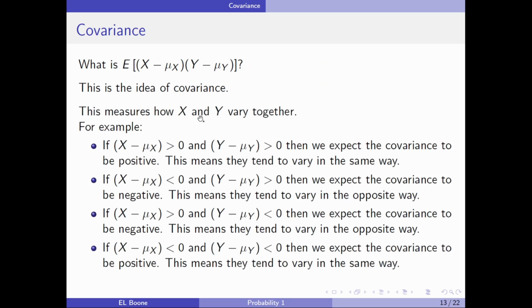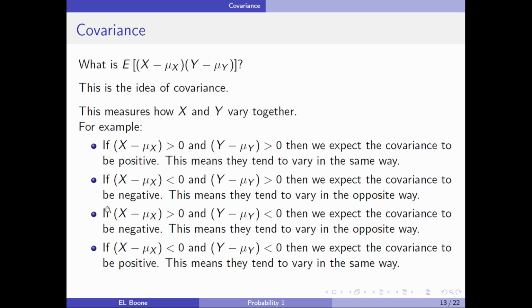It measures how x and y vary together. For example, if we expect x to be greater than its mean and y to be greater than its mean simultaneously, then we would expect the covariance to be positive because a positive times a positive is positive. If we expect that when x is less than the mean, y will be greater than its mean, then we would expect this to be negative.